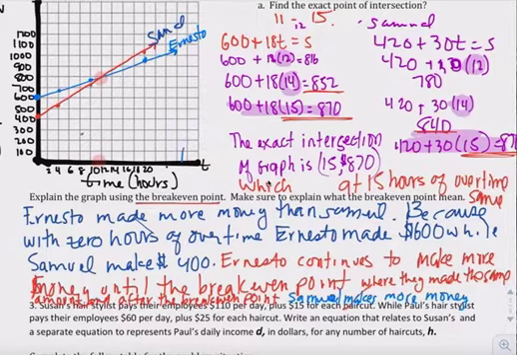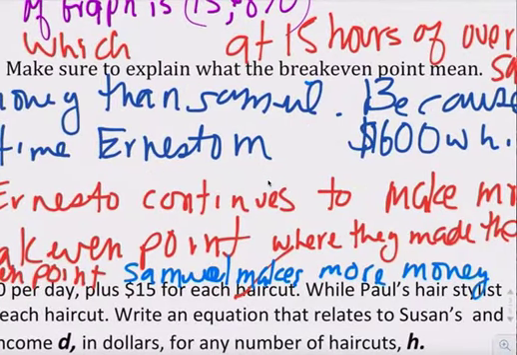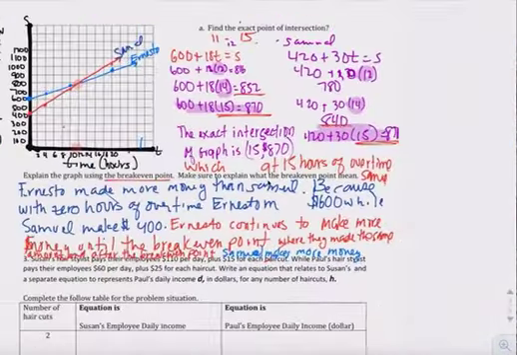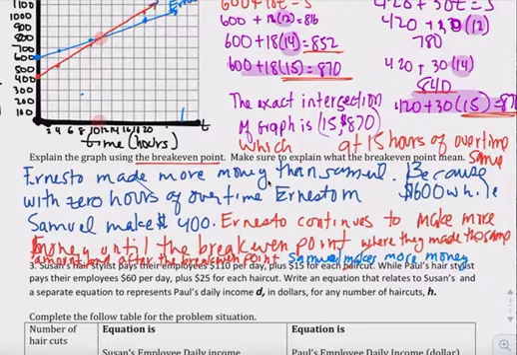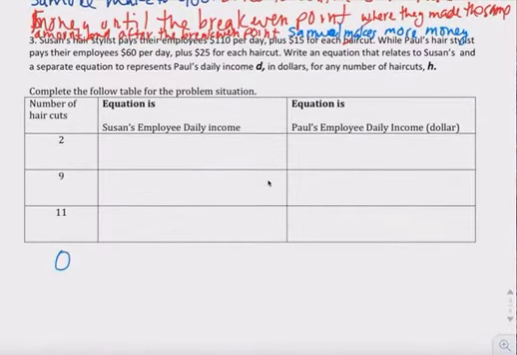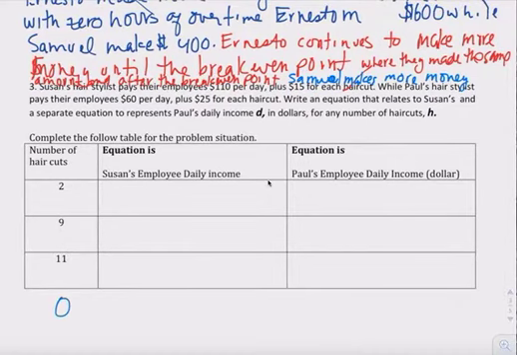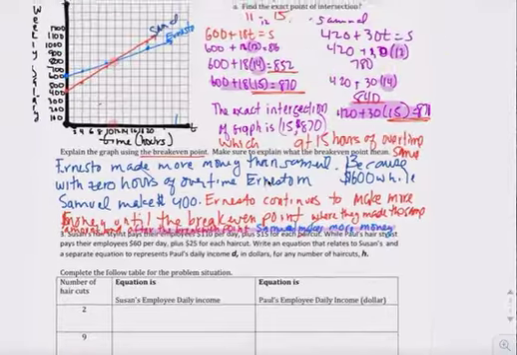Ernesto continued to make more money until the break-even point, which is at 15 hours, at which they both make $870, okay? Then you do this part here, and after the break-even point, this is where it's important, after the break-even point, Samuel made more money than Ernesto. Forgot to put it down, I ran out of room. Okay, that's how you do those two.